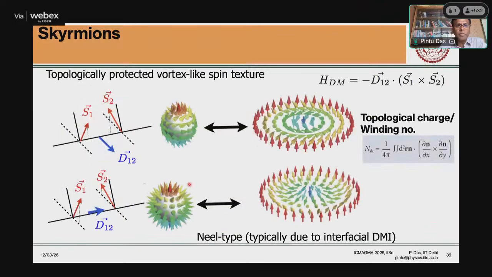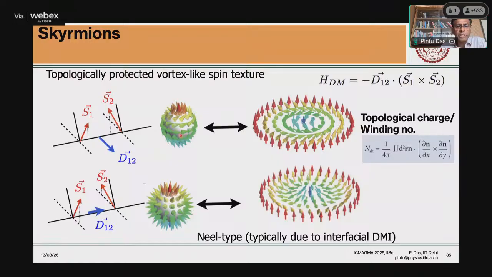So this leads to very interesting effects. In bulk systems, this leads to some kind of solitons, as you have seen in the water waves. These solitons are formed in these magnetic systems, in a ferromagnetic system, and these are topologically stable objects, which we call skyrmions.